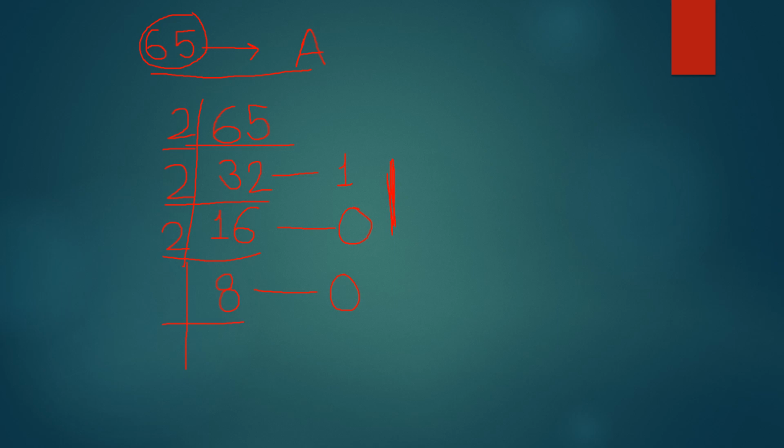Then we are again going to divide it by 2, and our result will be 4, and the remainder would be 0 again. Then one more time divide by 2, we get here 2, and remainder is again 0. Then one more time, second last actually, we are going to divide it by 2. The answer is 1 and remainder is 0.